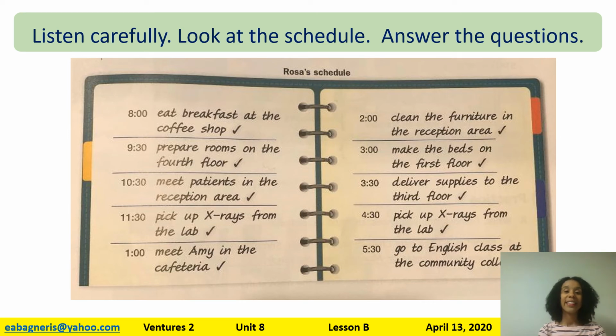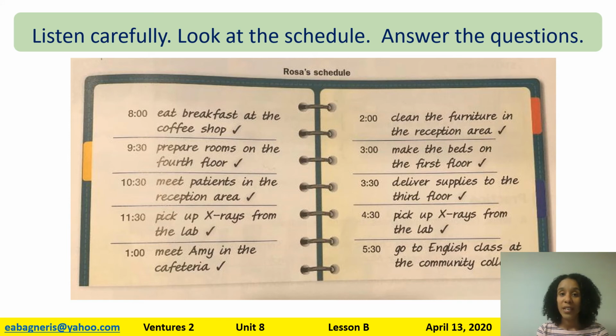Okay, so that was a great practice of what and where questions. Let's keep going. Before we move on to the next activity, I will post this schedule at the end of the video. You can pause it, and if you have somebody at home that you can practice with, maybe a child or a husband or another family member who speaks enough English to help you practice what and where questions, you can do this activity at home with that person.